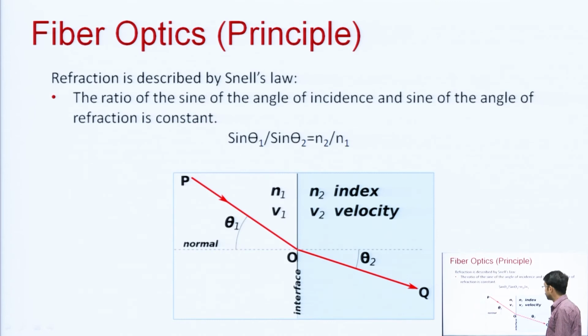Over here this is the interface of two transparent materials. Over here the refractive index of this part is N1 and the refractive index of this part is N2.